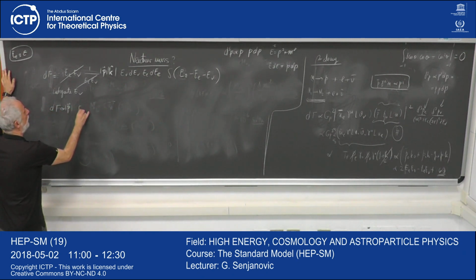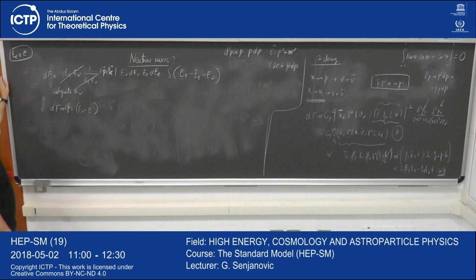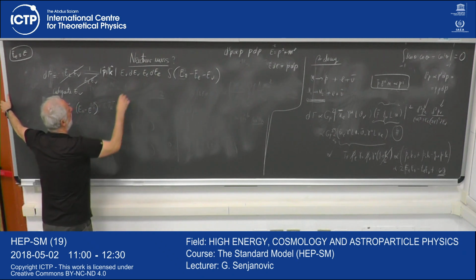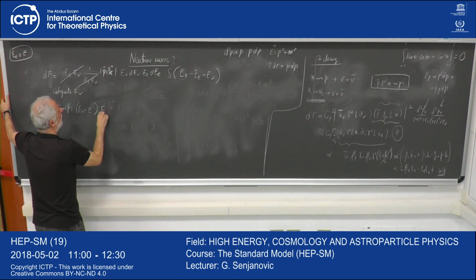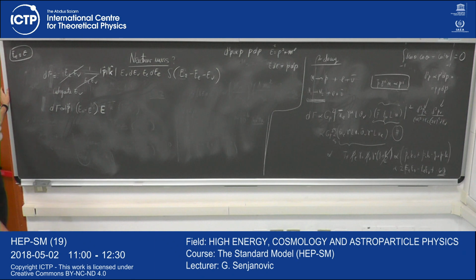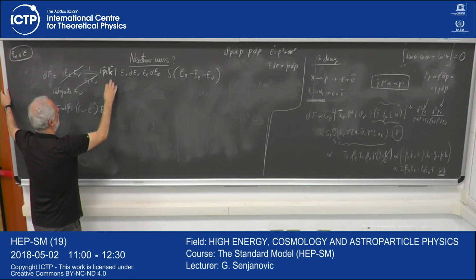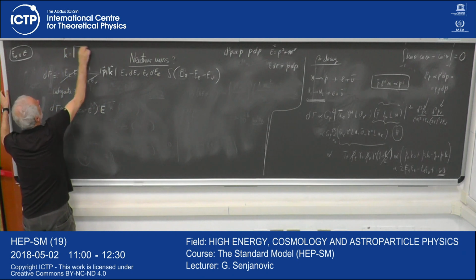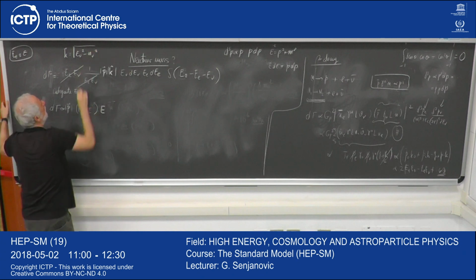So there will be E0 minus E. There will be E from here. There will be K. What is K? K is the integral over E nu squared minus M nu squared. Let me keep the neutrino mass.